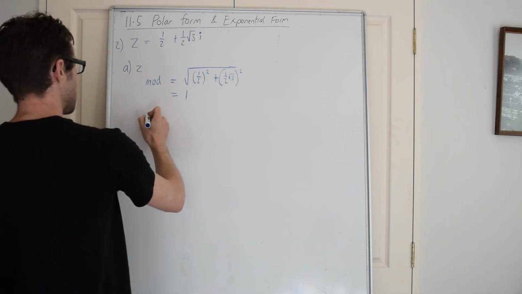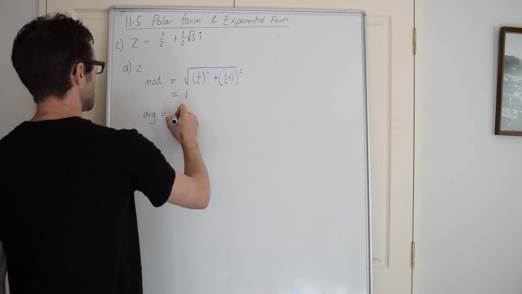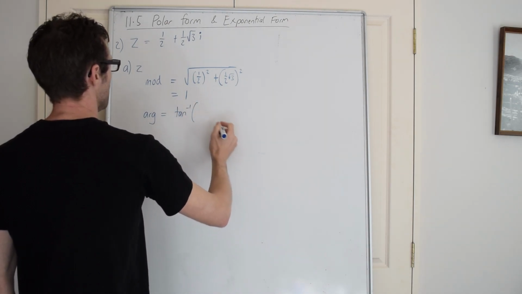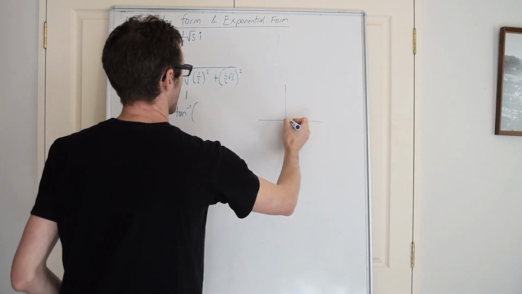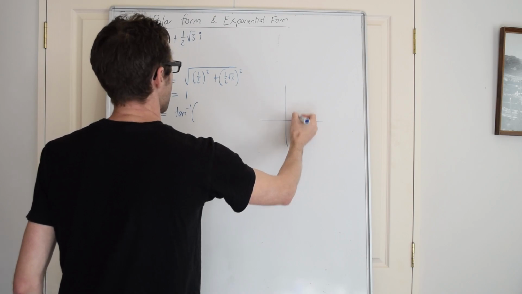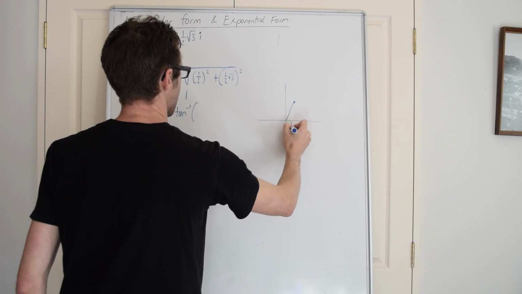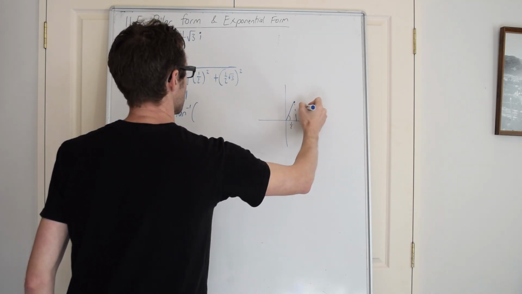Hope that makes sense. And then the argument is going to be the inverse tan of, now, if you want to quickly sketch this, we've gone across half and up a half times square root 3. So this is a half, this is the angle we want, and this is 1/2 square root 3.